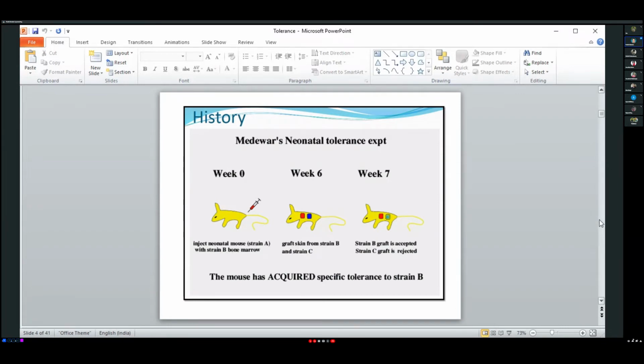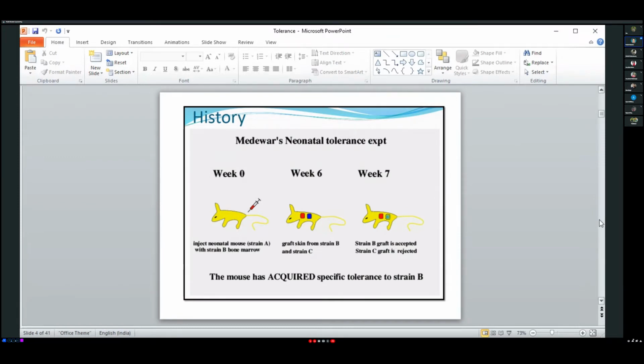You can see there are three mice: week 0, week 6, and week 7. In week 0, in the neonatal mouse, inject neonatal mouse strain A with strain B bone marrow. We have just mixed the two types of bone marrow.